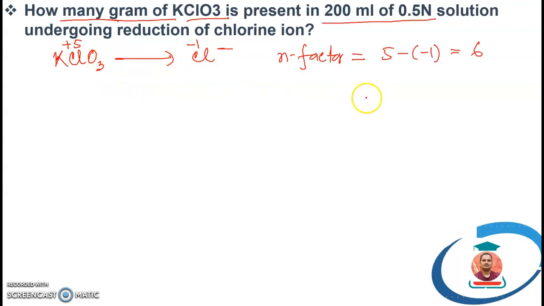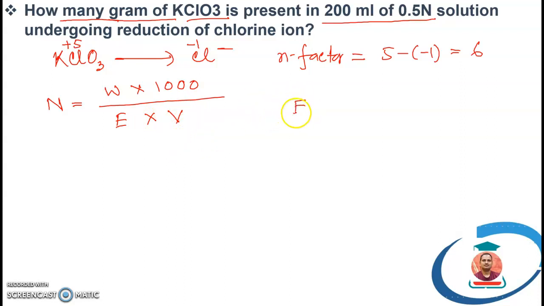And what is the formula for normality? We all know that normality N equals mass in gram into 1000, because we are considering ml, divided by equivalent mass of the substance into volume. Now equivalent mass equals what?